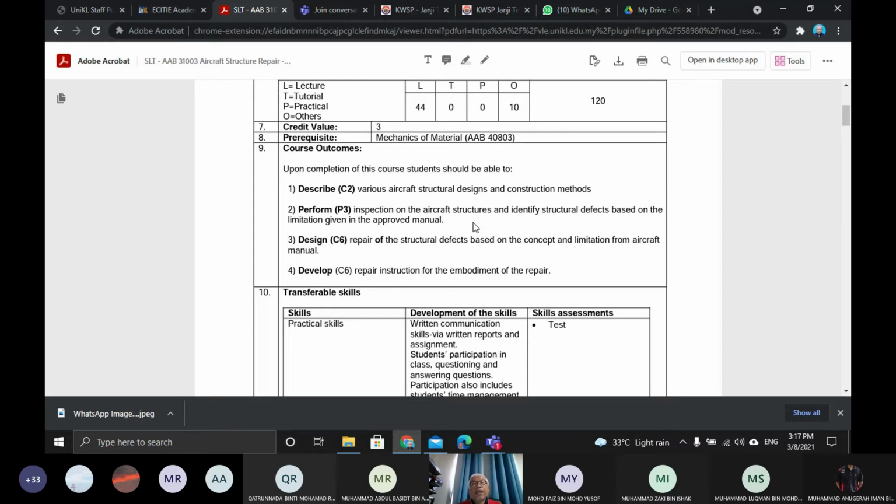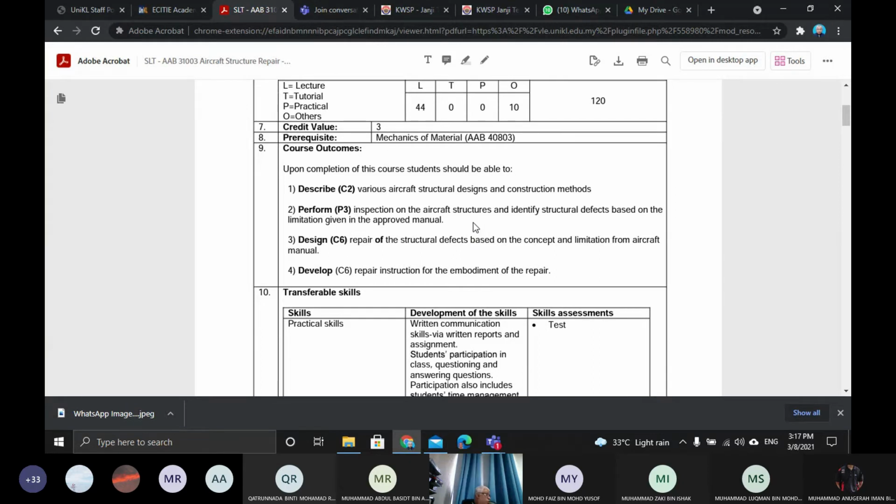Number 3, design repair of the structure defect based on the concept and limitation. In each manual there is already a concept repair. They have a list of repair concepts or example repairs with respect to such a component. So like I said again, it's easier for us in the aviation industry because we can refer to the book.